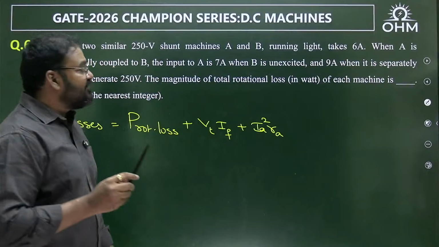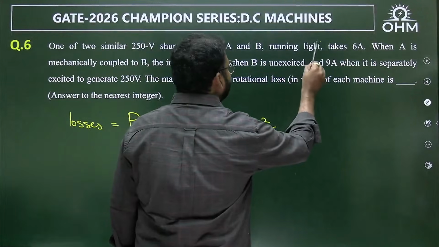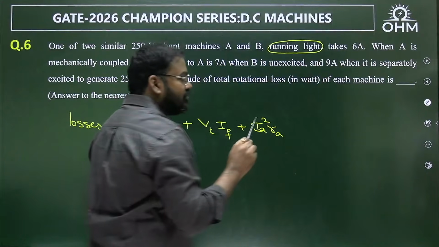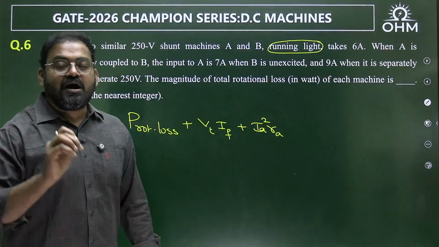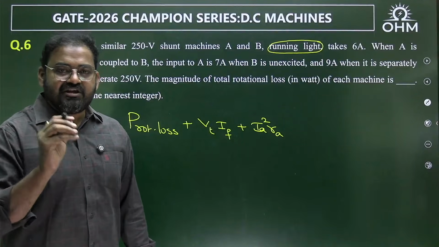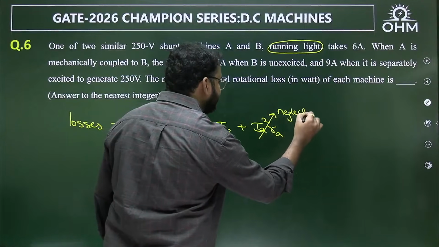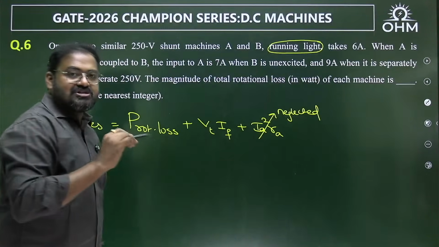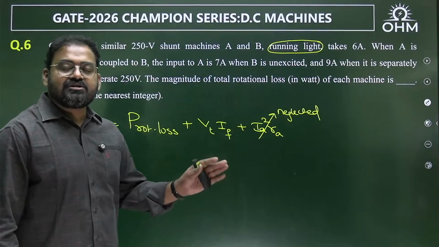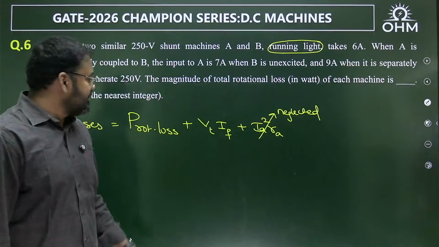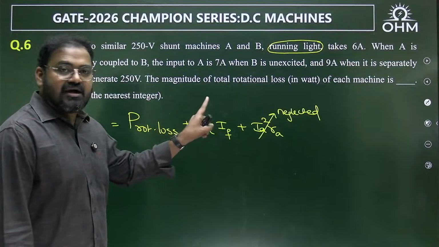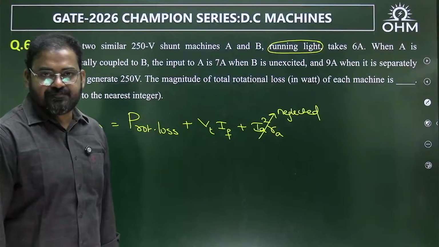But it is clearly given the machine is under no load condition. During a no load condition, armature current drawn by the motor is very, very small. That's why armature copper loss can be neglected. If armature copper losses are neglected, then the only power losses available during no load condition are rotational loss and shunt field copper loss.